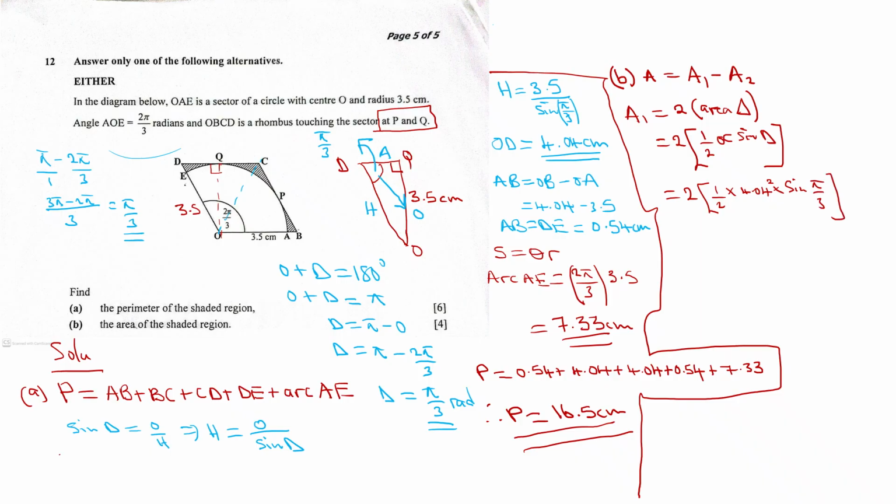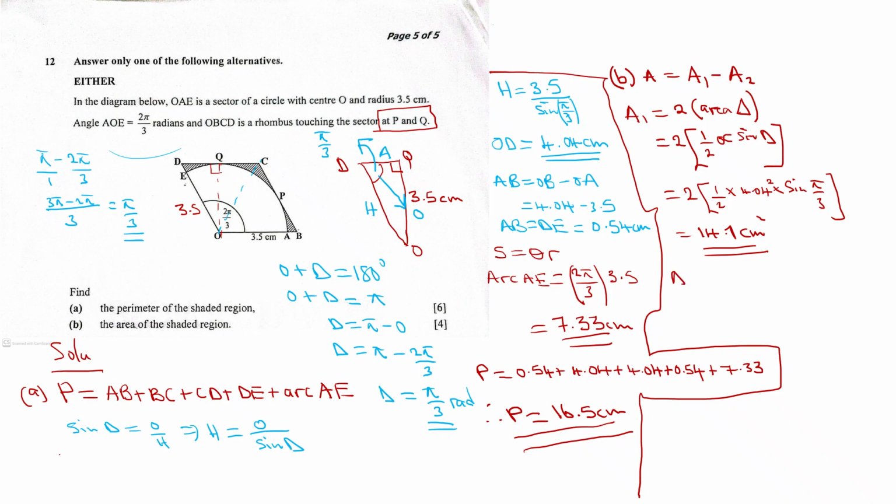When you work this out, 2 times half times 4.04 squared times sine pi over 3, this is going to give us the answer 14.1, rounded off. 14.1 square centimeters. That's the area of the whole rhombus.